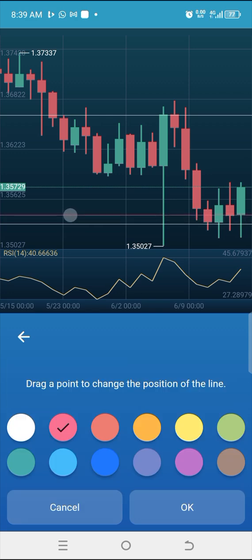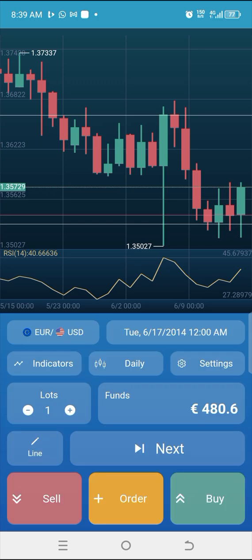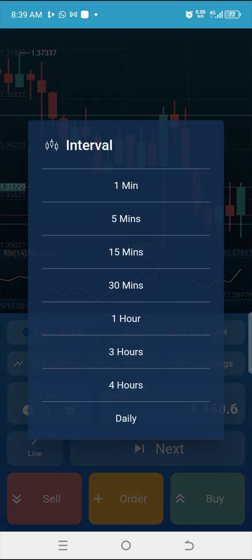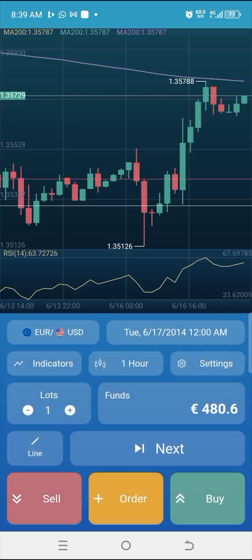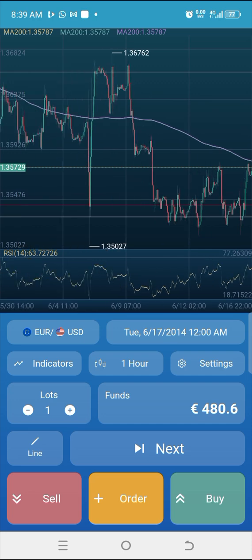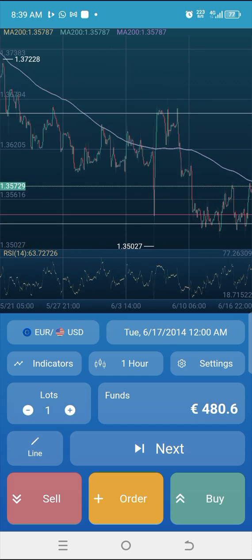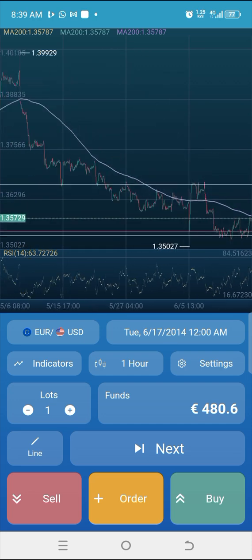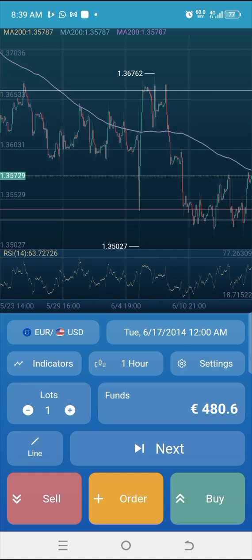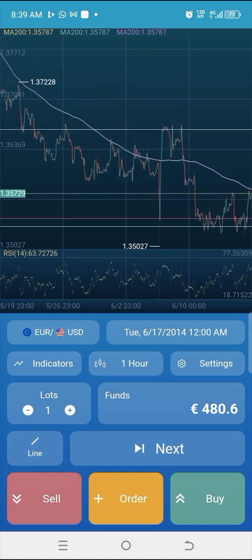Three, another line as usual. Four, okay, so we're looking for a trend line. You can see a trend line here.